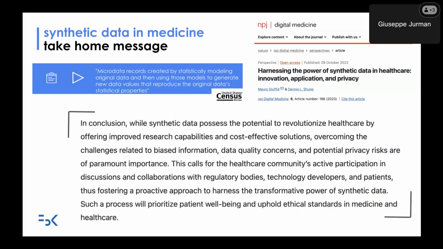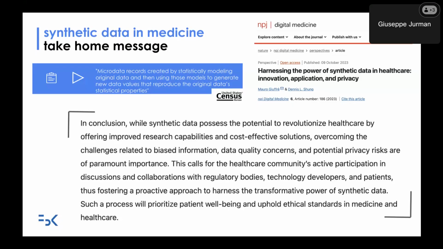This is perfectly coupled with the recent use of synthetic data in medicine. We know that having to deal with health data is very hard because of different issues like privacy or difficulty in obtaining the data themselves, not only omics data, but in general, even imaging or EHR data.